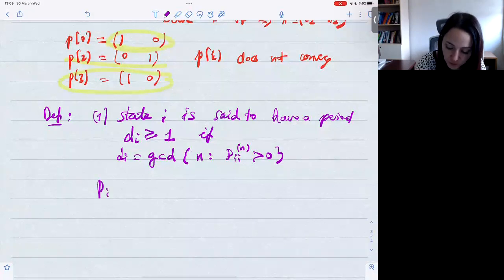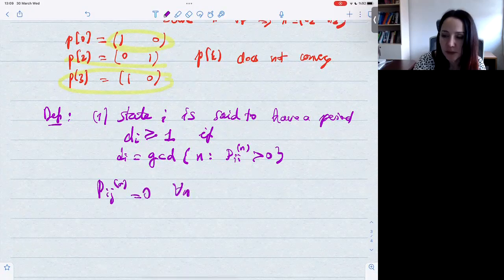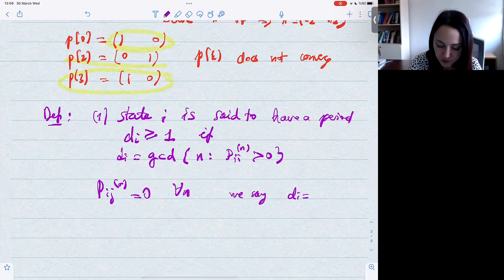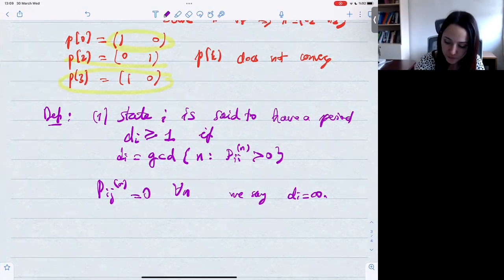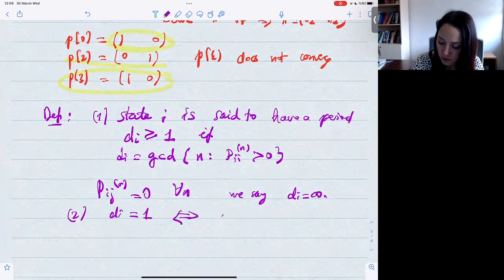Now, if Pii(n) is 0 for all n, that's possible. There's no way to come back with positive probability. We say that d_i is infinite. Now, if d_i is 1, i is aperiodic.